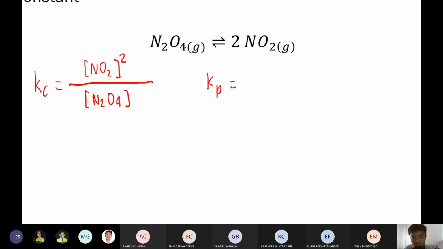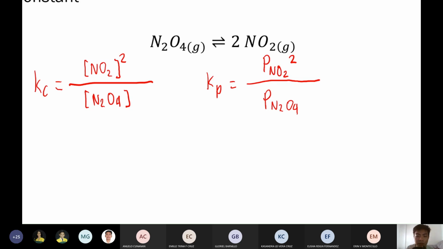However, instead of square brackets, we will use the letter P, meaning pressure. Square bracket means concentration, letter P means pressure. So in terms of pressure, the equilibrium constant can be written as the pressure of NO2 squared, still the same as Kc. At the bottom, that will be the pressure of N2O4.